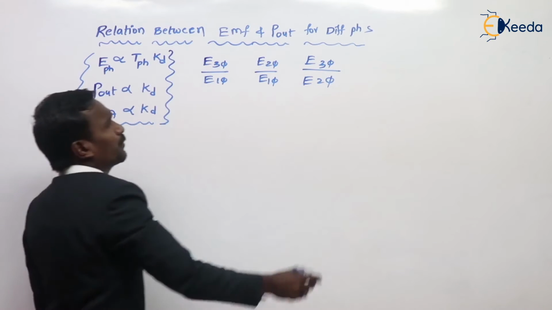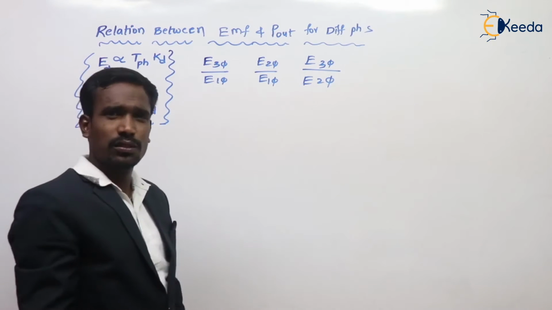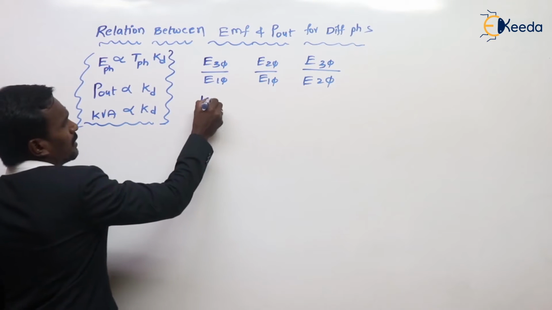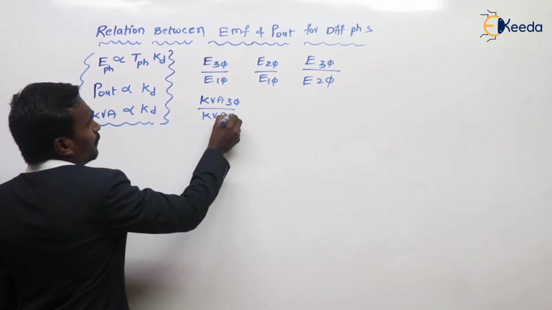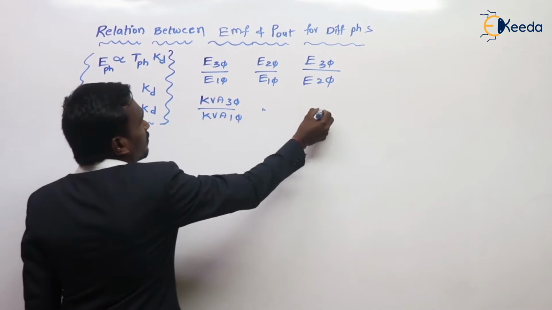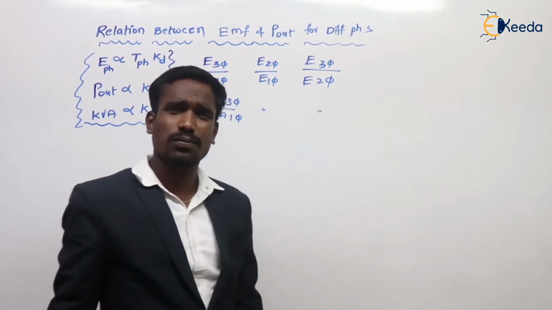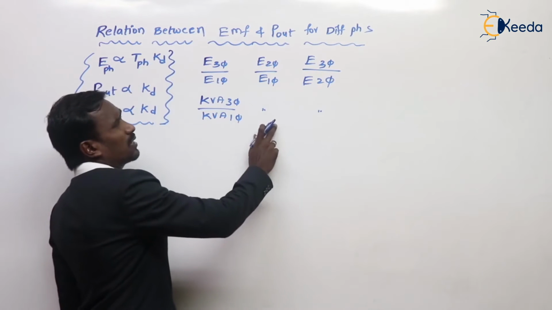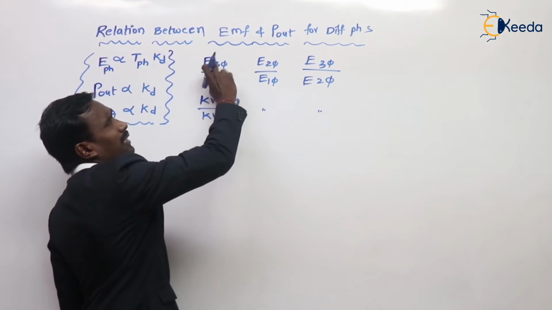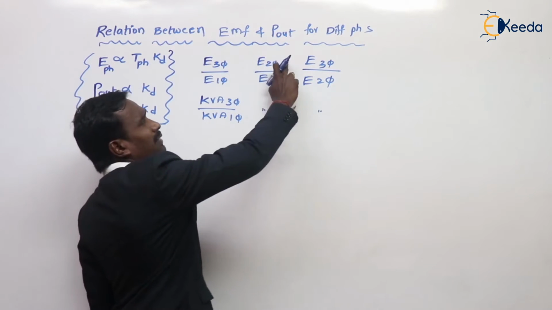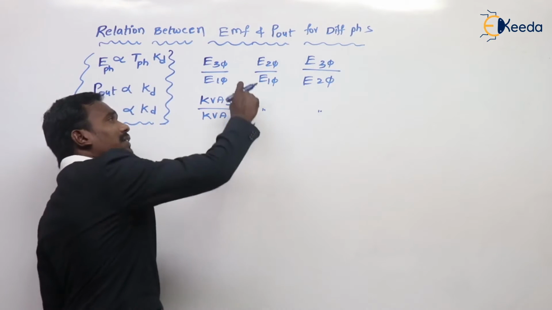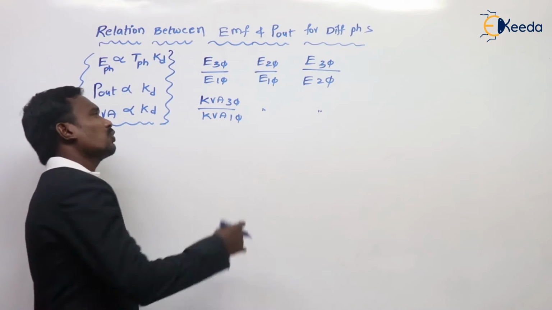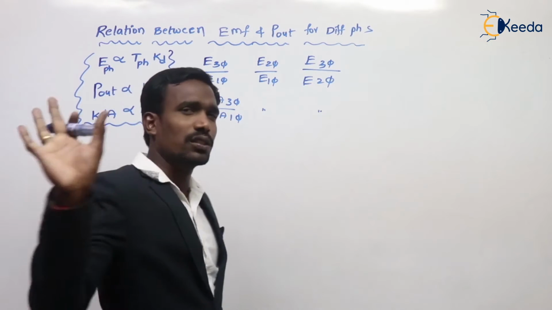Like that they ask questions. Likewise, the KVA rating in three phase to the KVA rating in single phase. These are the 6 questions, and 6 reversed, nothing but E1 phase to E3 phase, E1 phase to E2 phase, E2 phase to E3 phase, KVA 1 phase to KVA 3 phase. Finally, 12 questions are there.